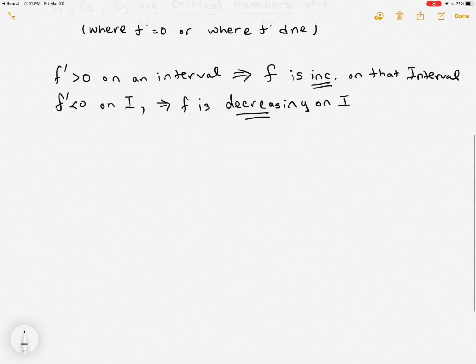That is called the first derivative test for relative extrema. It just tells you what kind of extreme value our critical numbers are.